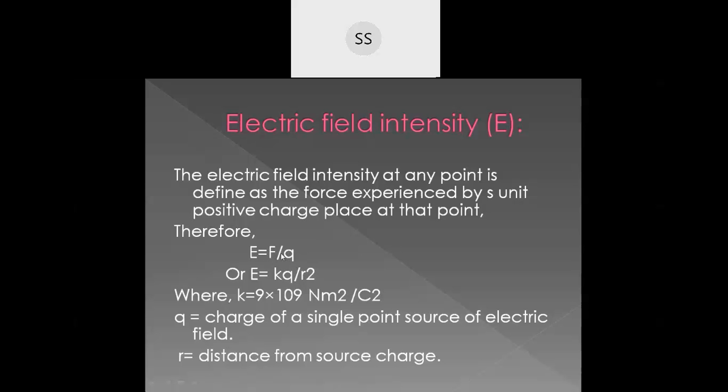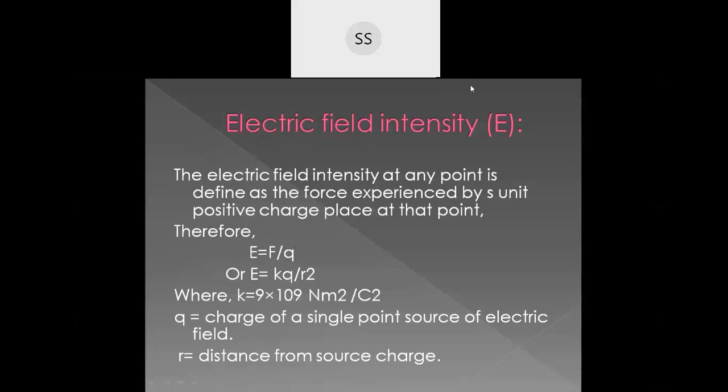This is the value of the test charge. Please focus on the definition, that it is the force experienced by a unit positive charge at that point. Therefore, electric field intensity E equals F by q.